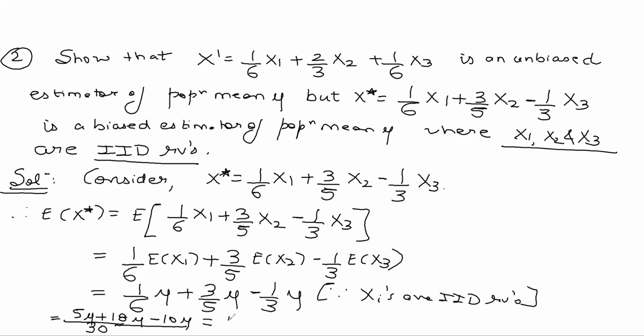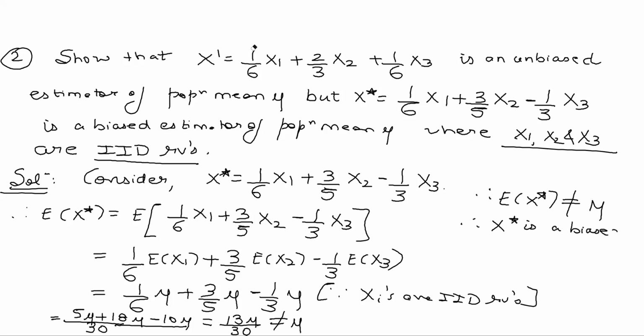So this is 13 mu by 30, which is not equal to mu. So therefore, expected value of x star is not equal to mu. Therefore, x star is a biased estimator of mu.